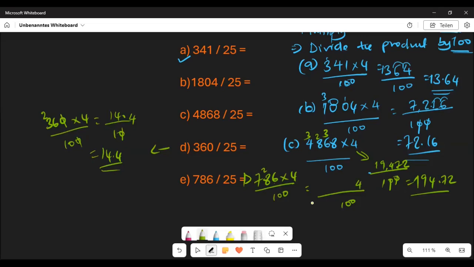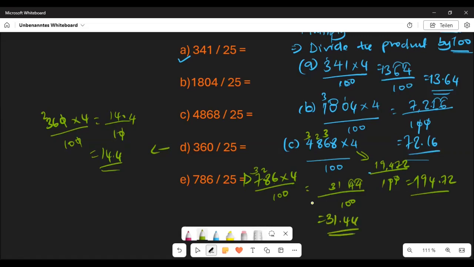We write 4 and carry 2. 4 times 8 is 32, plus 2 is 34, so we write 4 and this time we carry 3. 4 times 7 is 28, plus 3 is 31. If we divide everything by 100, our answer is 31.44.